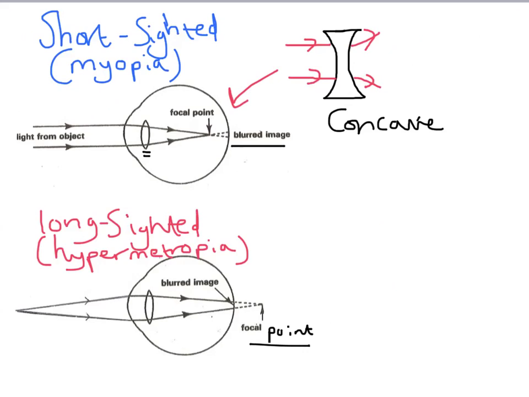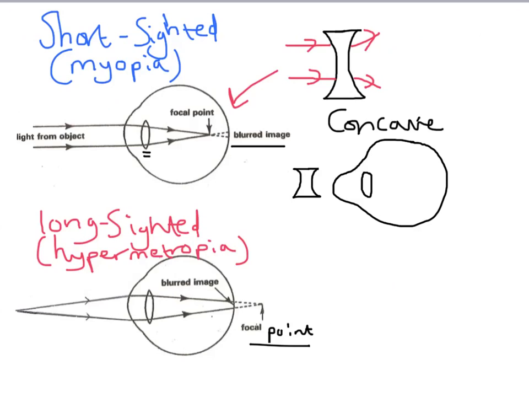So, a very, very quick sketch. If we imagine, here's the eye here. Again, very quick sketch. And if we were to fit somebody with this concave lens, then what we'd have is the light rays coming in.